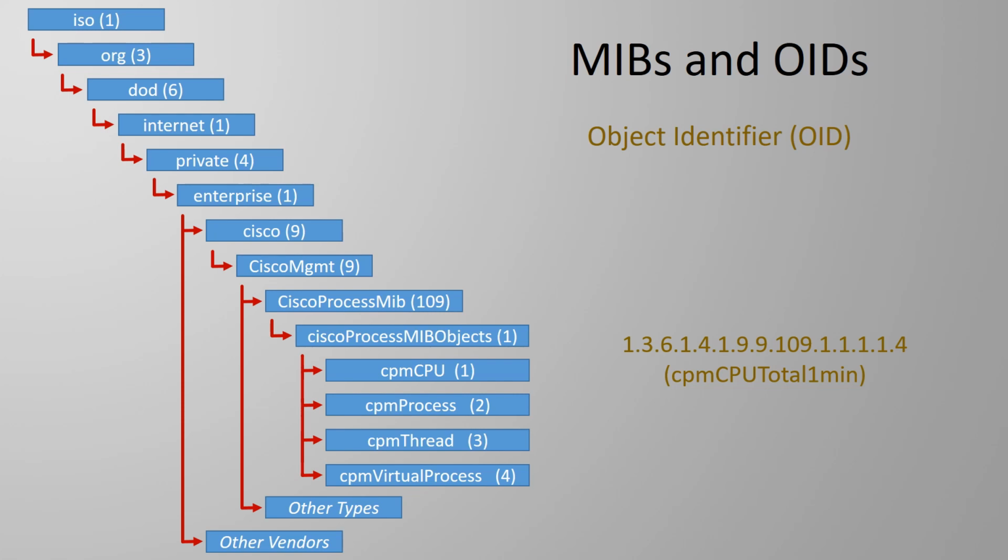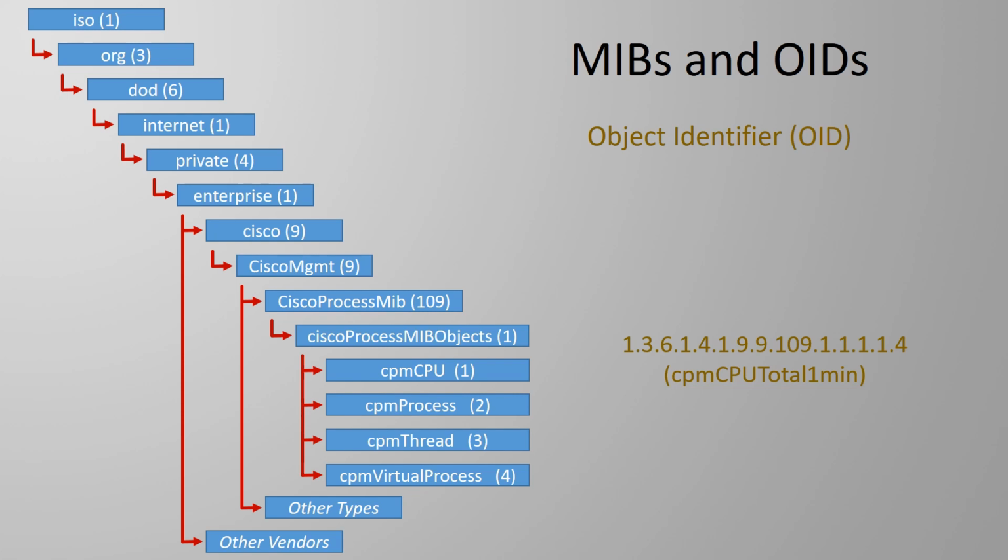This number is the object identifier, or OID. The one we're showing here is used to get information about CPU usage on a particular Cisco router. See how each number represents a level in the hierarchy. There are a lot of OIDs covering all aspects of the device we want to manage. The sheer number of OIDs is why we need to organize them neatly into their MIB hierarchy.